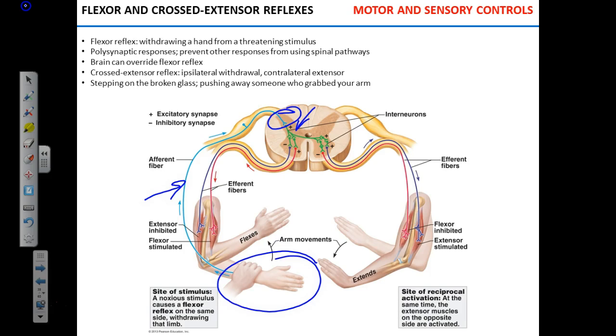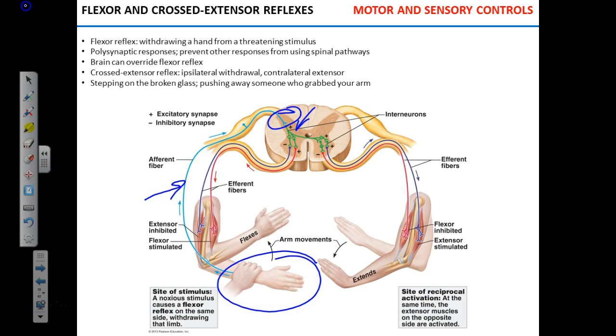Now, in real life, if somebody grabs your arm, what is your response? Show it. This, right? Which muscles work when you do this? Biceps, right? Flexors of the elbow. If they contract, is that activation or inhibition? Activation.